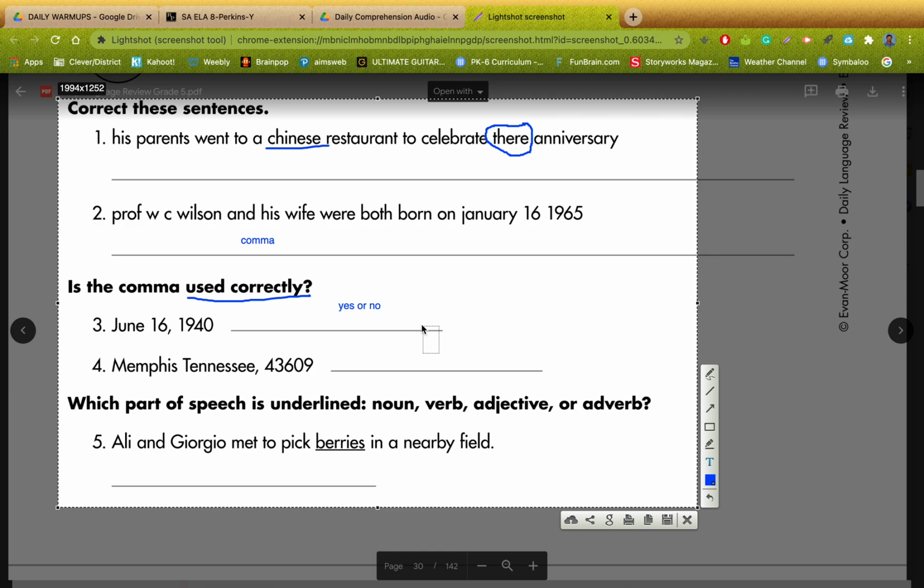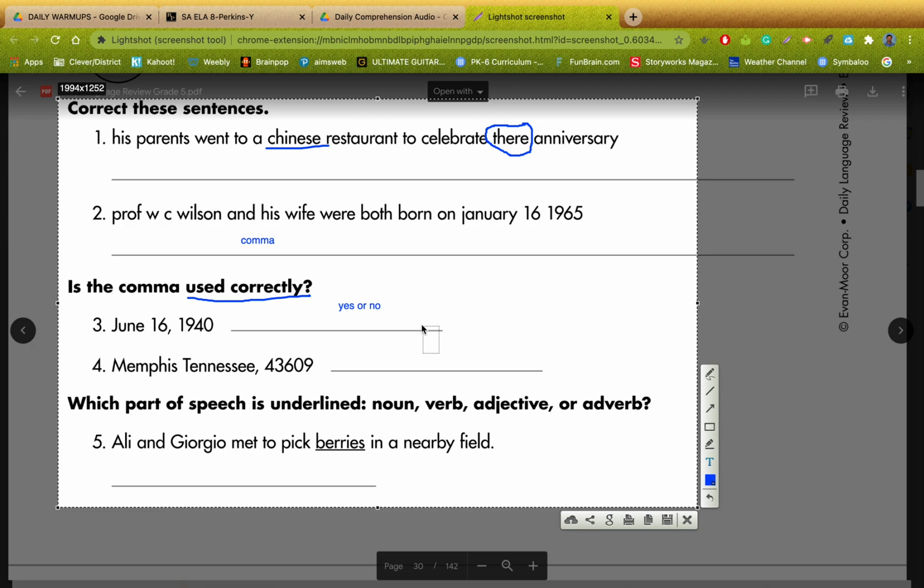But look at the clues they give you. Like at number 4, we have a city and we have a state and we have a zip code. If you need to remind yourself where the comma goes, look it up. You've got a computer. That's just fine. Why wouldn't you? Okay, so again, for number 3 and 4, your answer is going to be yes or no.